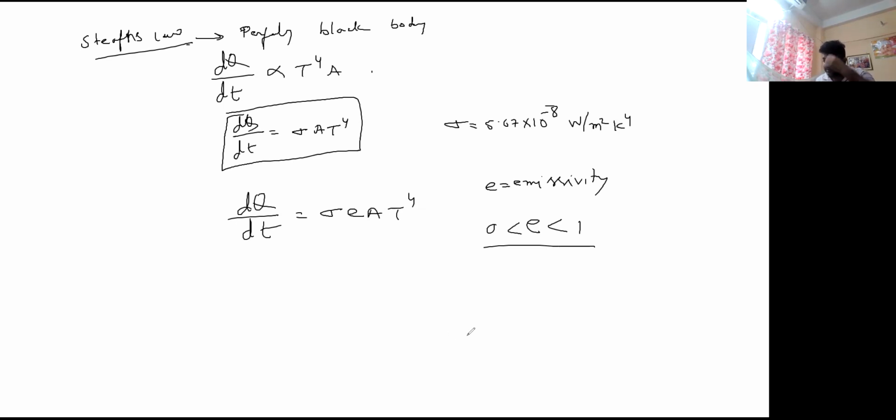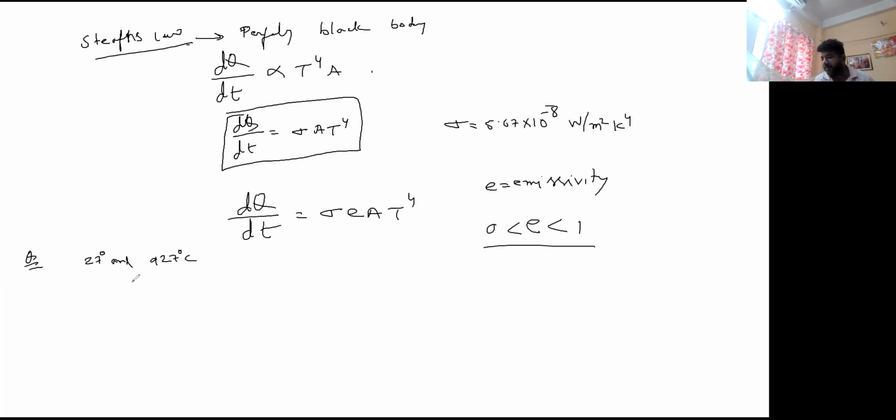So this is Stefan's law, and by using this law we can solve some questions. Is it okay, everyone? First question. देखो, a black body is maintained at 27 degrees centigrade and at 927 degrees centigrade.